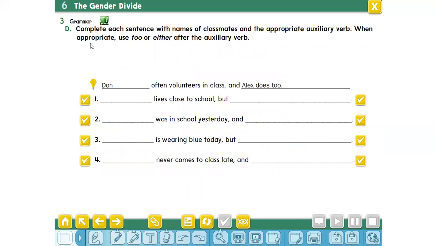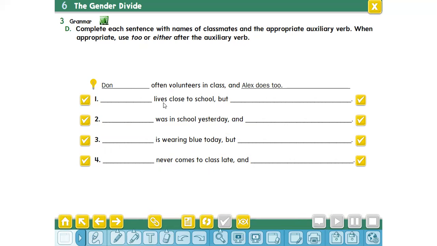Exercise number D. Complete each sentence with names of classmates and the appropriate auxiliary verb. When appropriate, use too or either after the auxiliary verb.